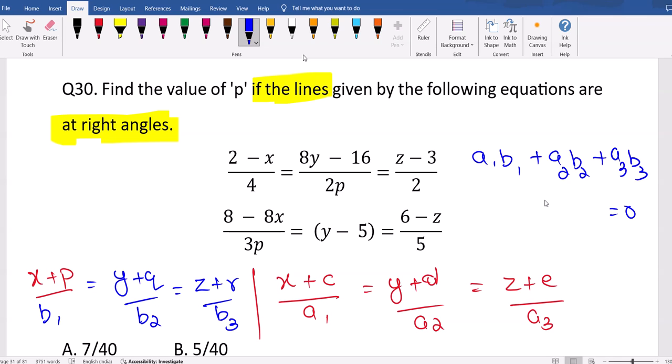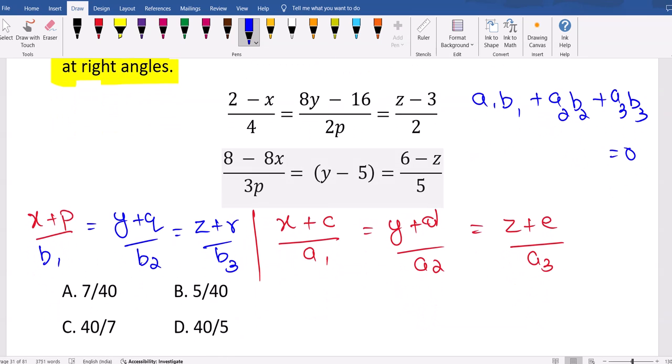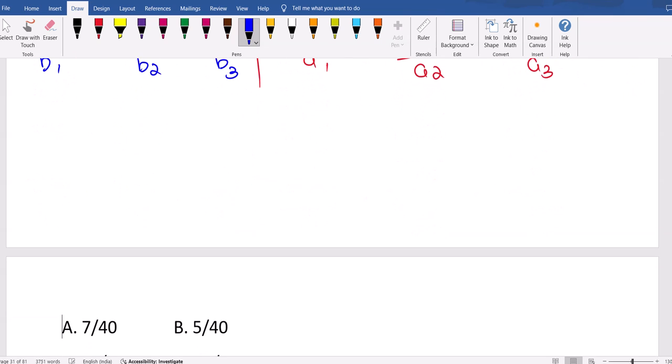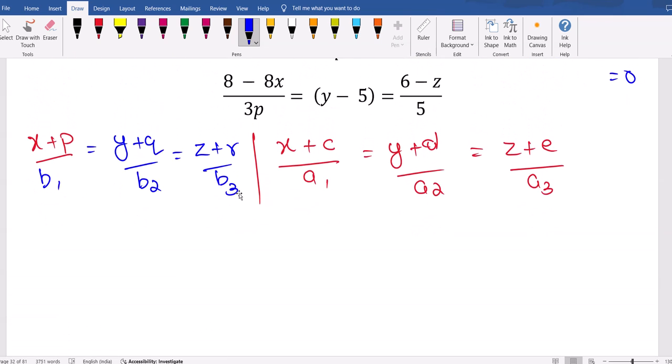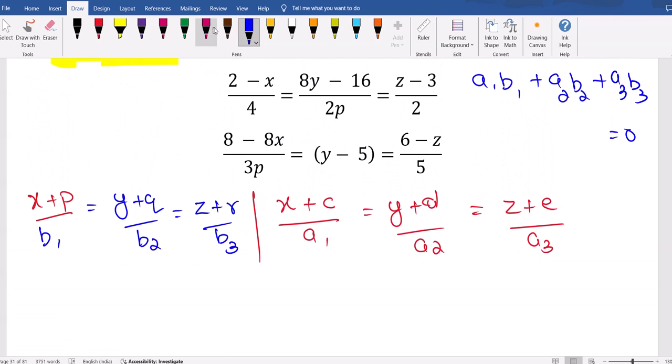So when you try to make it into the same format, minus x here also minus x, like that, you modify the expression accordingly. They've given it a different way, but you can change it. So x minus something, y minus something. First I'll change the given equations. 2 minus x, I can write it as x minus 2 divided by minus 4, no problem.